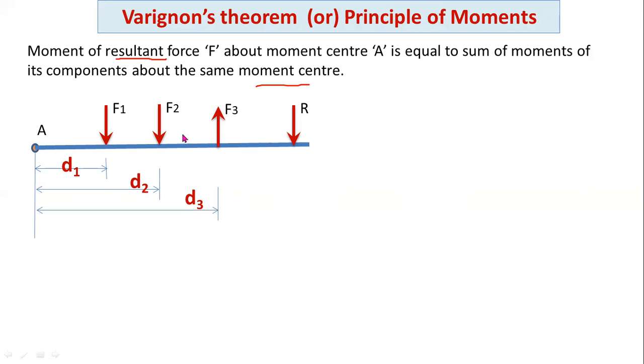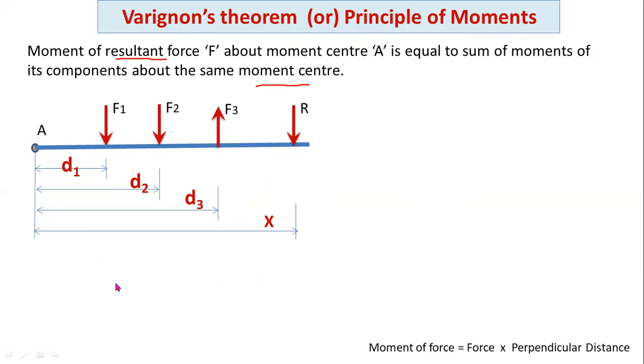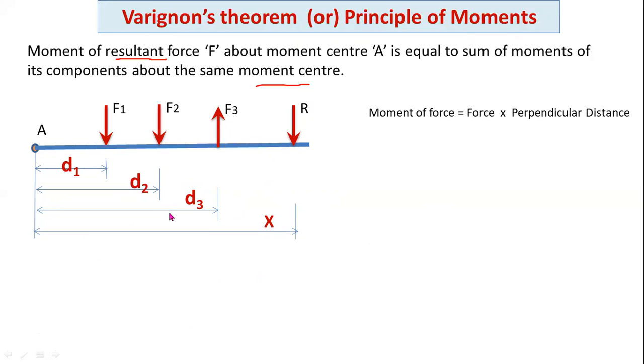By using formulas, you can calculate the magnitude of the resultant R. This resultant force is acting at a distance x from the same point. From the principle of moments, the moment of the resultant is equal to the sum of all moments about the same point.